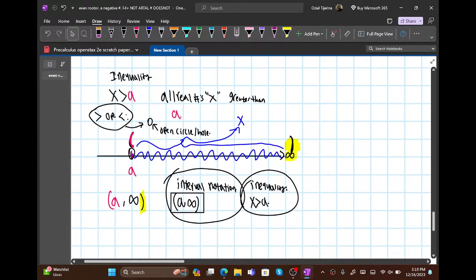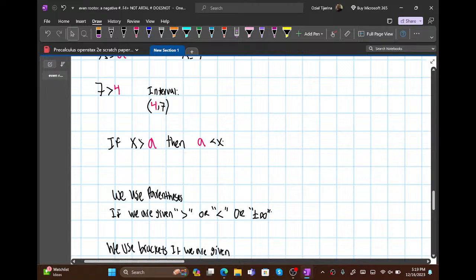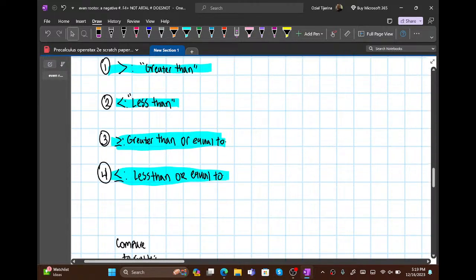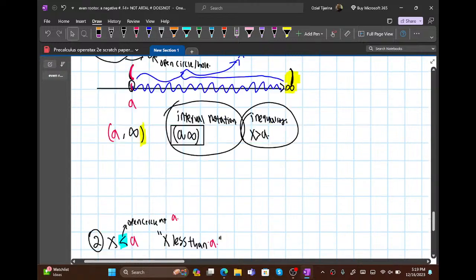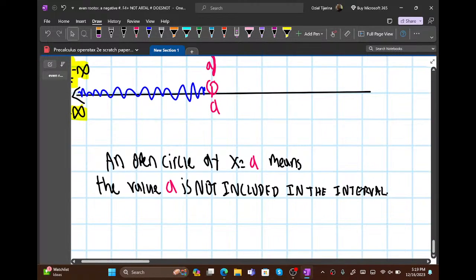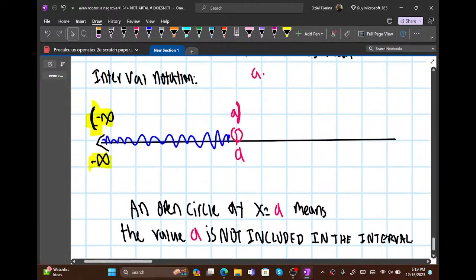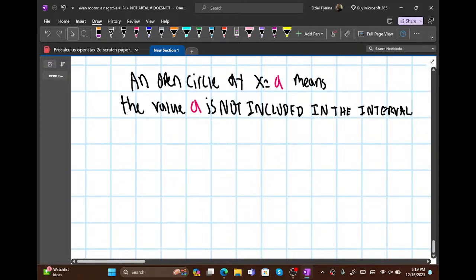Sorry, guys, hold on. It's an open circle at x equals A, so I want to state this very quickly.